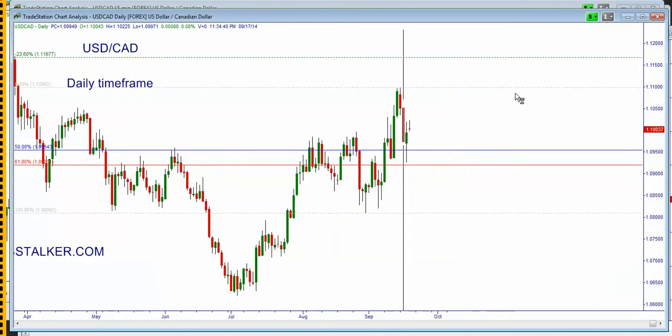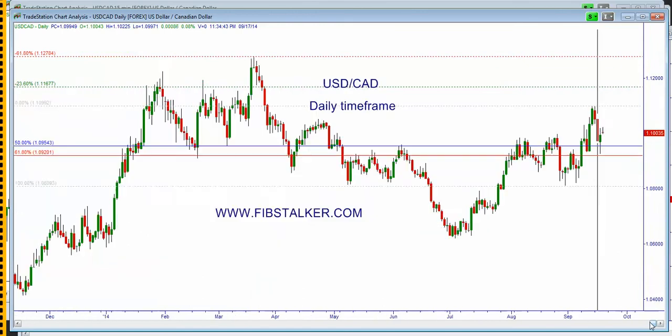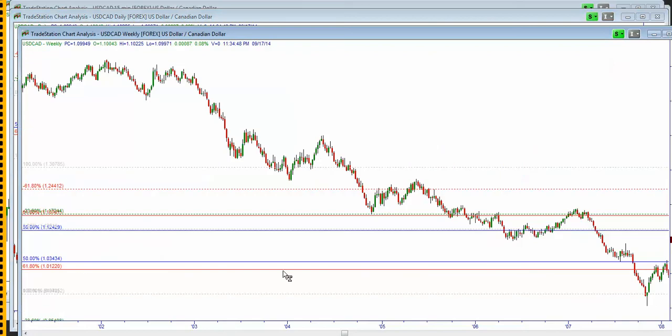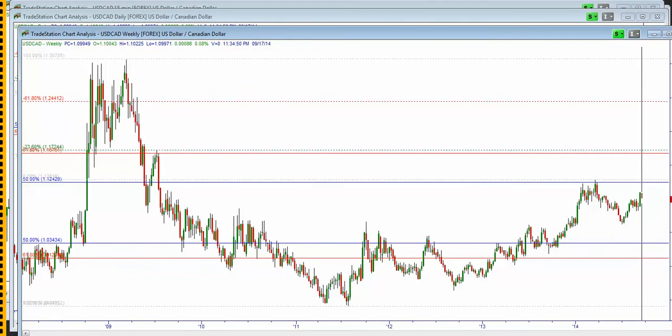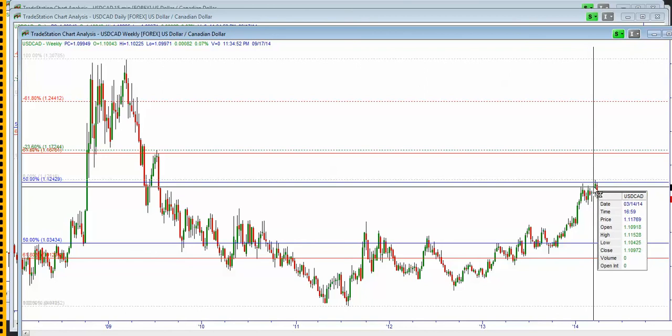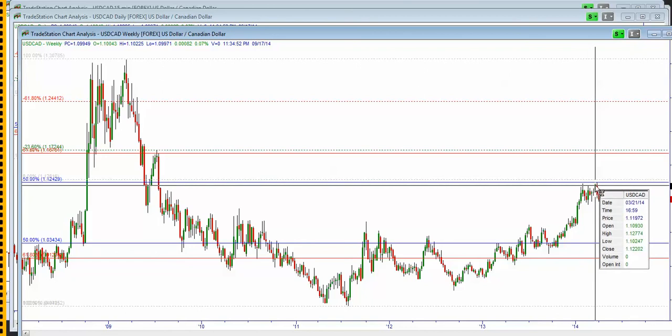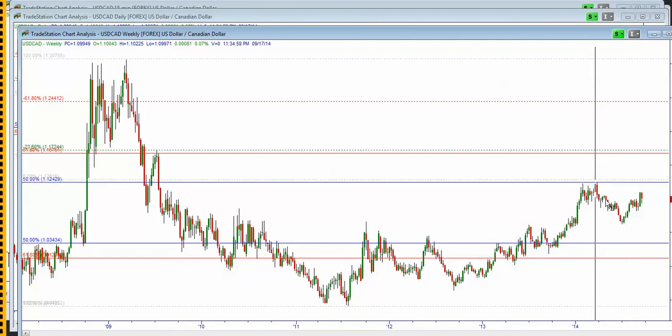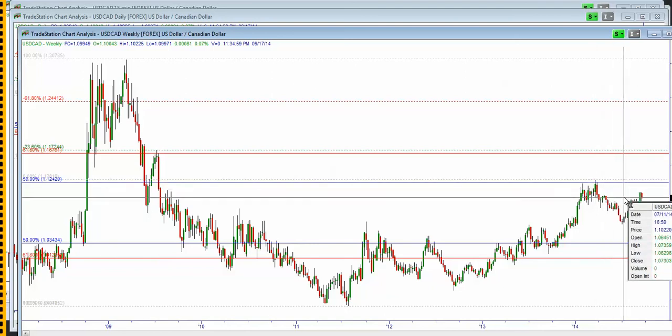Someone asked me where I see the US dollar versus Canadian dollar going. There is a resistance which is very clear on the weekly time frame for this market, which has been respected so far at the end of March, around the mid to end of March here, and that's the 112.50.